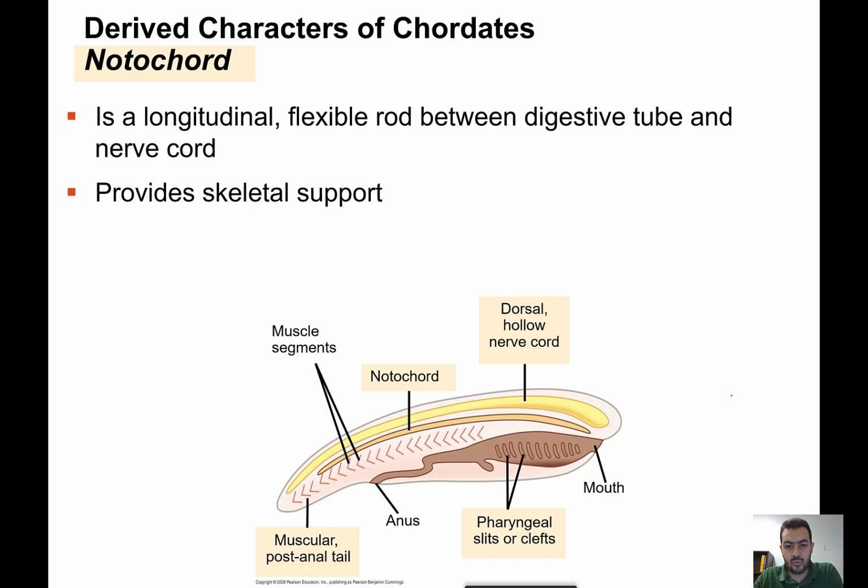The notochord, which you can see here shown in orange color, is a longitudinal flexible rod between the digestive tube and the nerve cord. We have the nerve cord shown in yellow, and the digestive tube shown in brown, starting with the mouth and ending with the anus, and in between both we have this orange structure, the notochord.